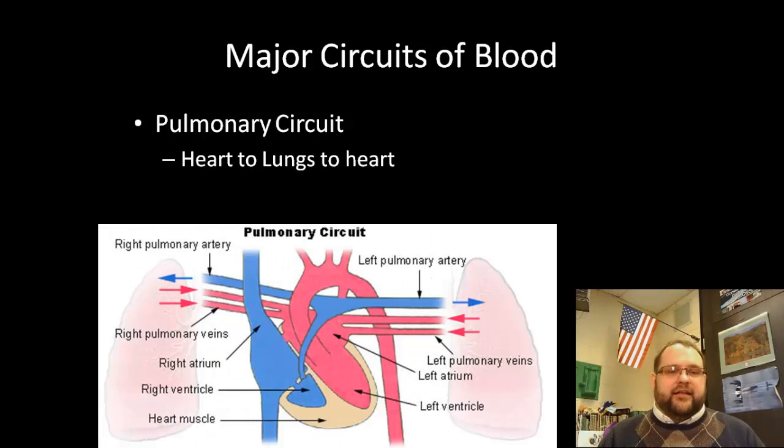The pulmonary circuit travels from heart to lungs to heart. This is the path that our blood is going to flow. It's going to go into our heart, and then our heart is going to pump it out to our lungs to gain oxygen. Then it's going to return to our heart filled with oxygen. So in this pulmonary circuit, we pump blood from our heart to our lungs to get oxygen, and then it goes back to our heart.